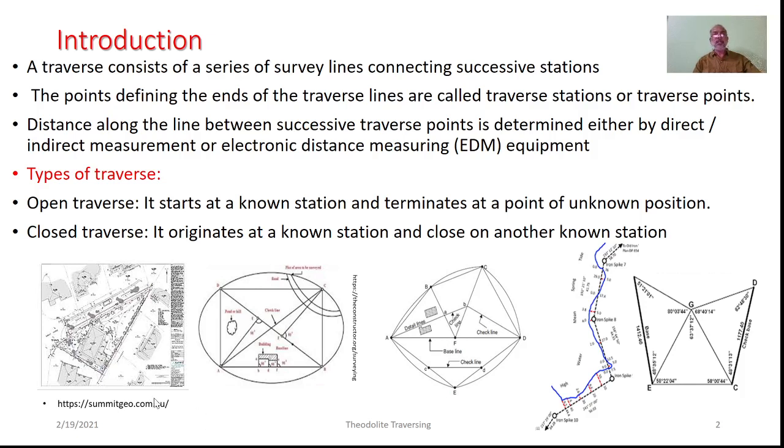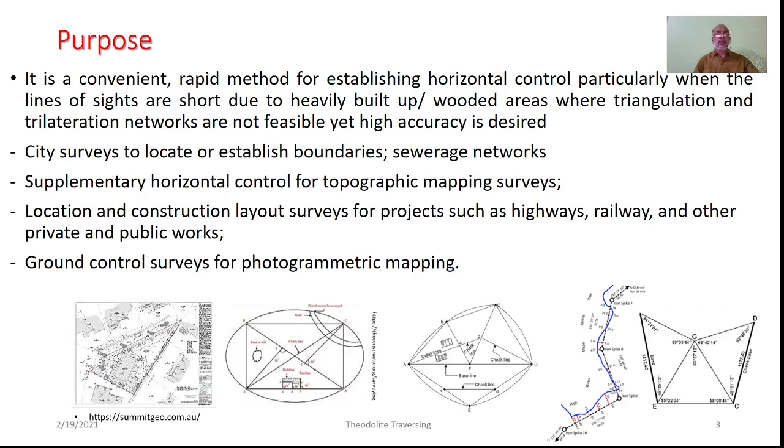Of the variety of traverses you see here, this is a closed traverse. Here, this is also closed traverse. This is also closed traverse. Here it is open traverse. This is also open traverse. So, depending on the kind of feature that we wish to study, we can go for open traverse or closed traverse.